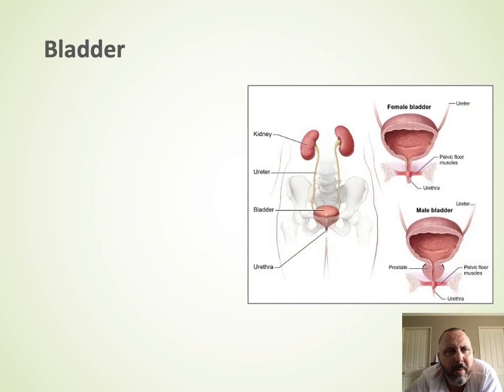Okay, we're going to talk about now specifically the bladder, being the last part of that, or the bladder and the urethra together, essentially. So the bladder is the place where urine is stored, until we decide to answer the call of nature and release the urine from our body.